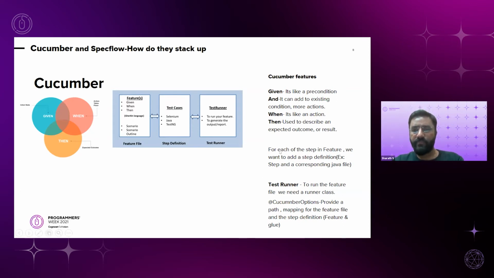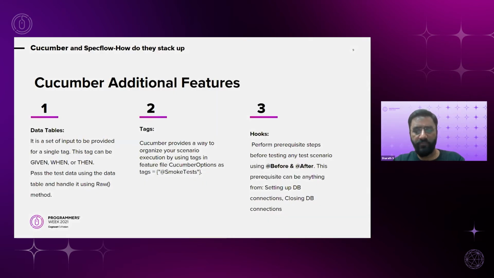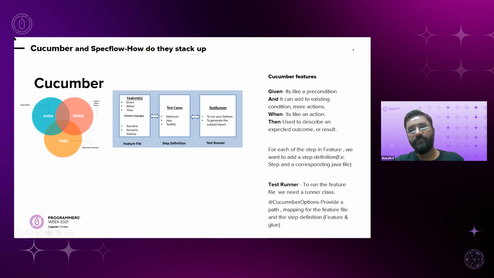So, for each of those steps in a feature, we can add a definition. A definition could be in the form of a Java file, for example, if we are talking about Java Cucumber concepts.